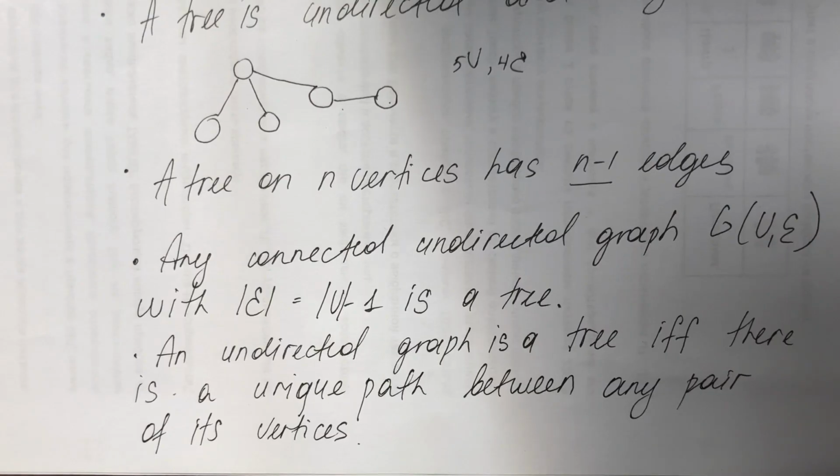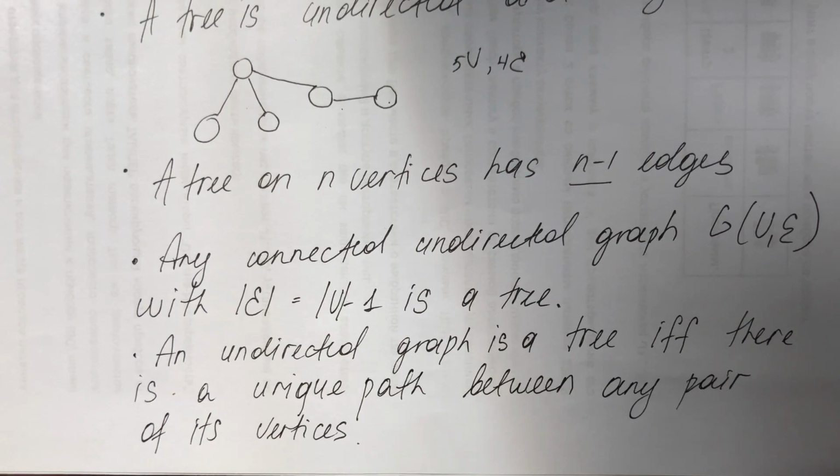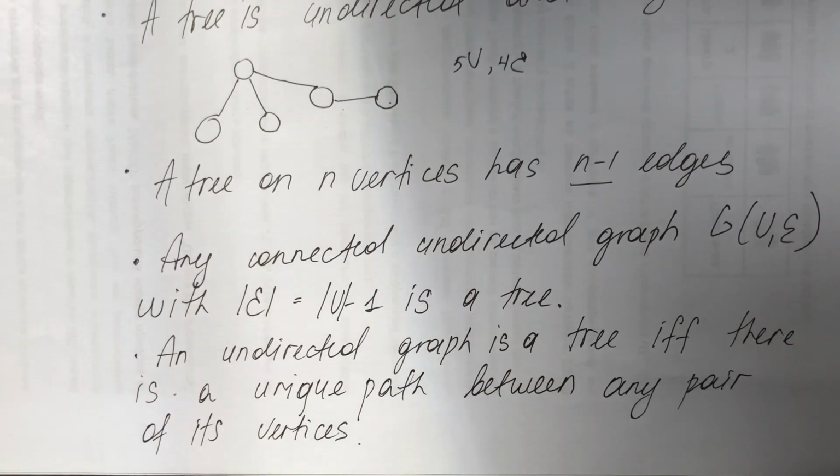The other property states that an undirected graph is a tree if and only if there is a unique path between any pair of its vertices.